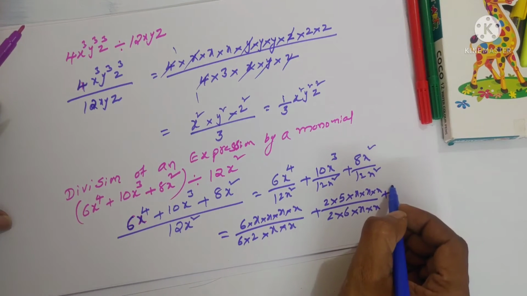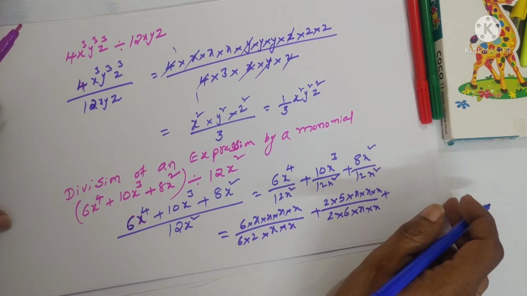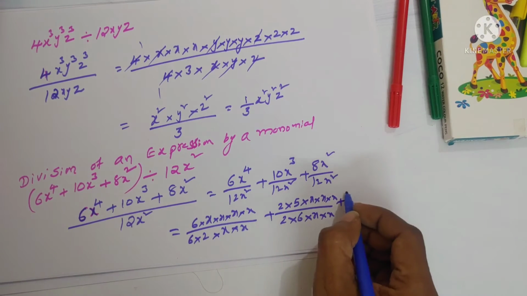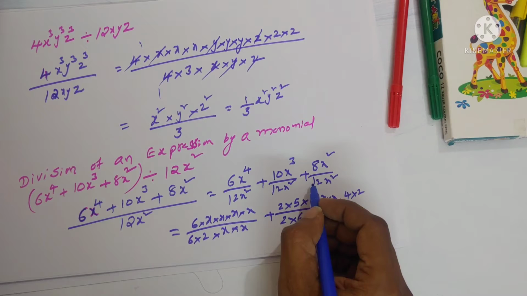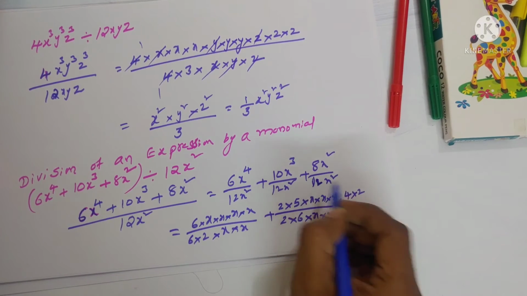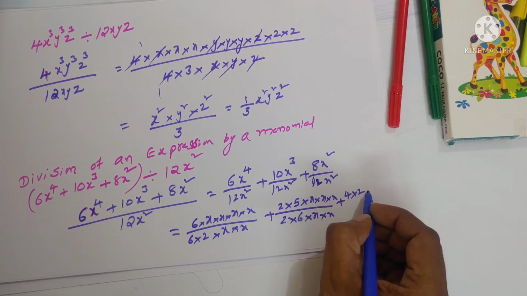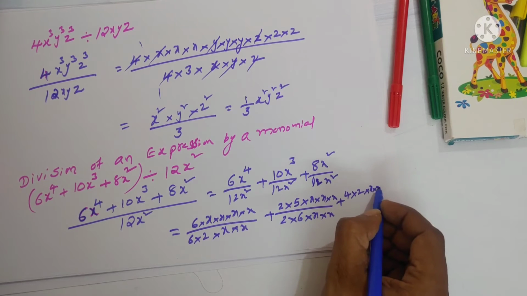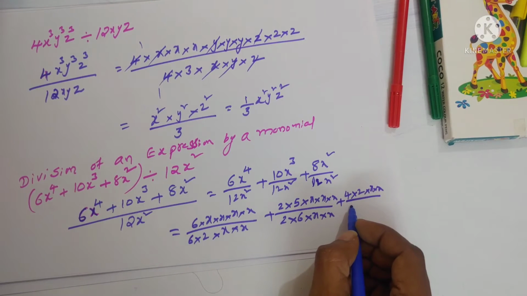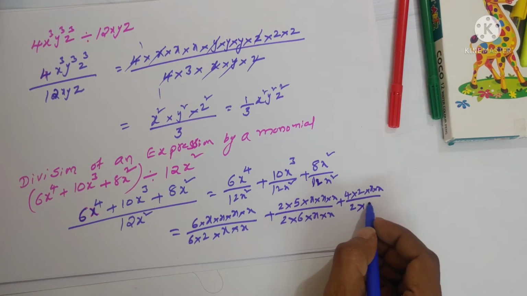Okay children, then 8 can be written as 4 into 2, because 4 is the highest common factor of 8 and 12. So we write it as 4 into 2, x cube as x into x into x, divided by 12, which is 2 into 6.